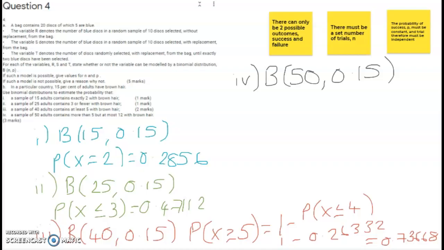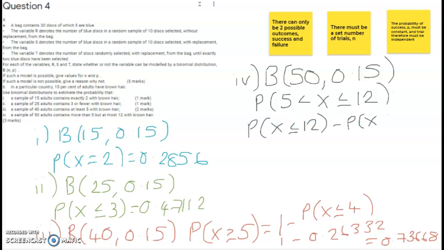And this time it's another in-betweenie. So I want more than 5, but at most 12. So I'm using that equal to here. So that's going to give me less than or equal to 12 minus less than or equal to 5.